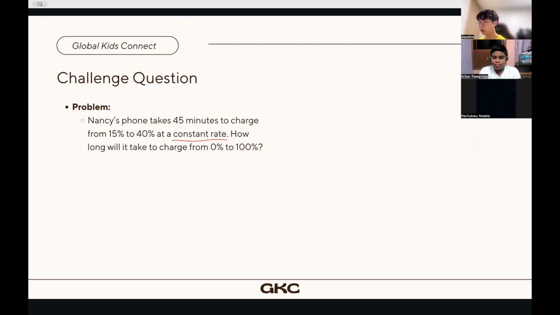And so we can utilize a linear equation, y equals kx. But then we can change the variables from y and x to, let's say, for example, if y was the percentage charge, then we can put it as a variable p.